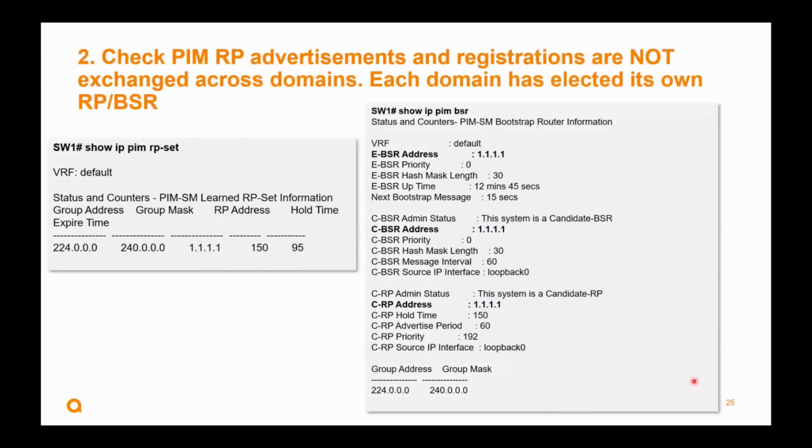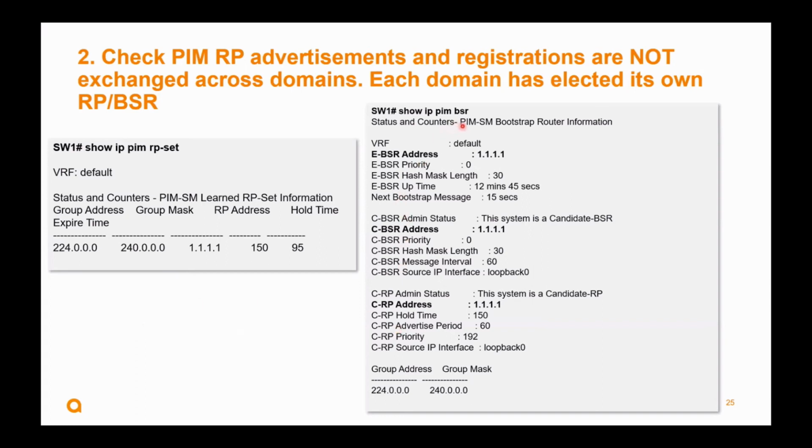And then, of course, the advertisements: we can see show ip pim rp-set in my domain. If I'm blocking those rendezvous points with the BSR boundary, then I shouldn't know about the rendezvous points from other domains, unless we're specifically allowing a source using MSDP.